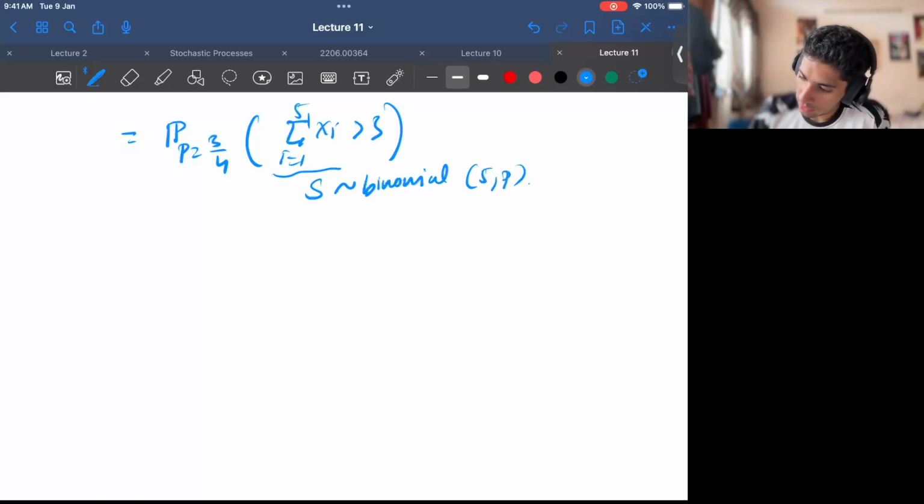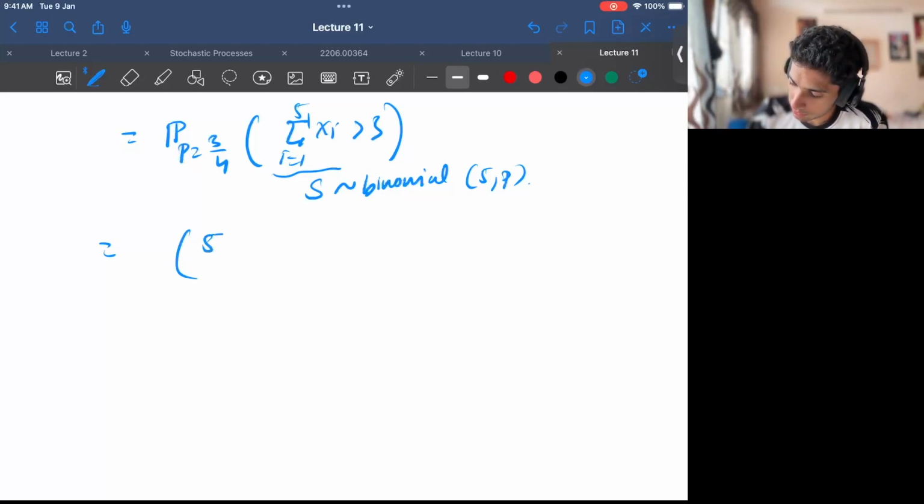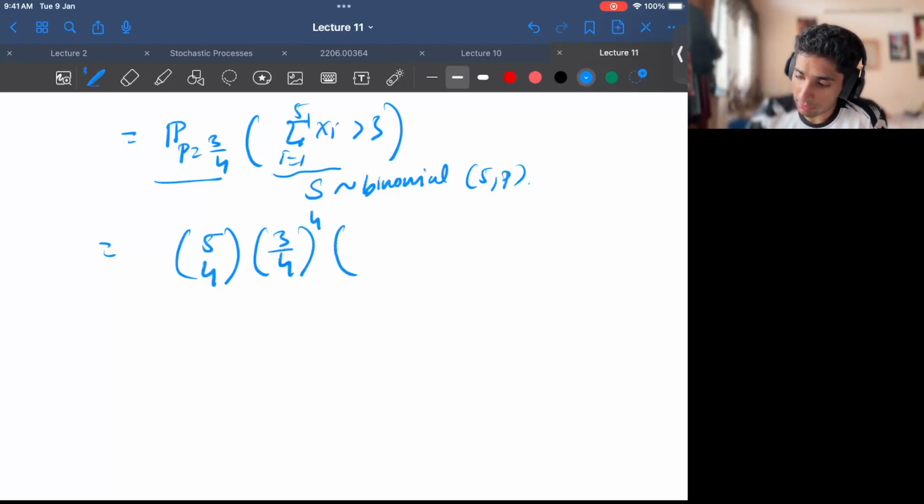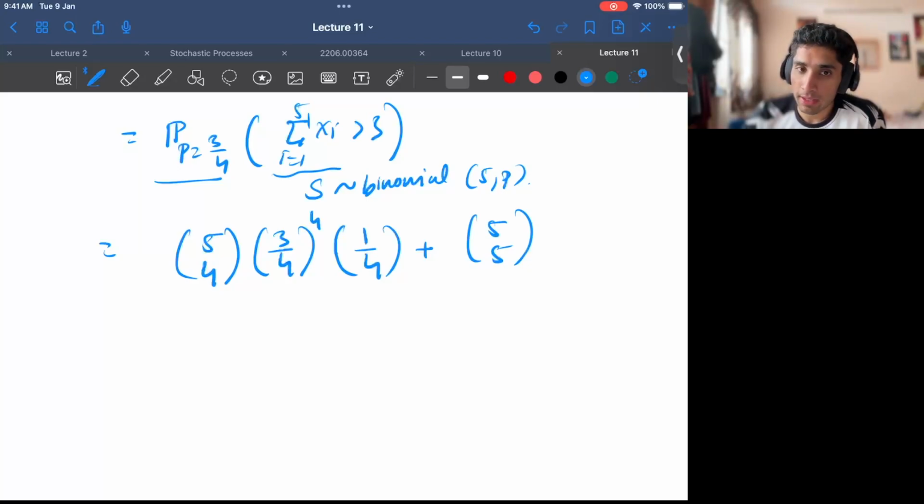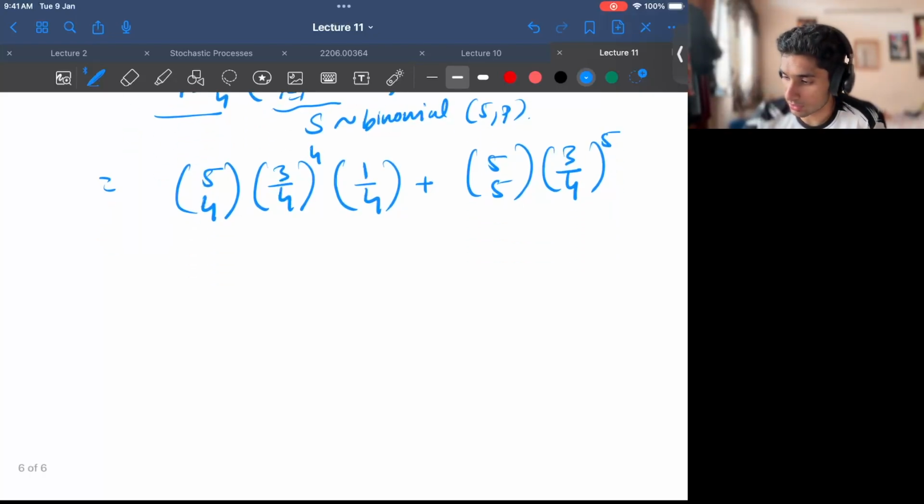So this will become 5c4 p raised to 4, now p is 3 by 4, so 3 by 4 raised to 4, and 1 minus p is 1 by 4 raised to 1, plus 5c5 into 3 by 4 raised to 5, and the other term will be 1 simply.